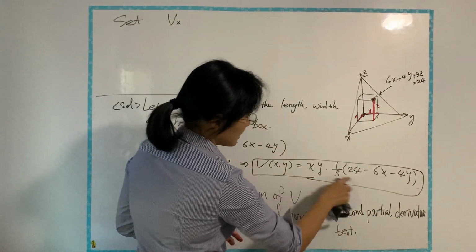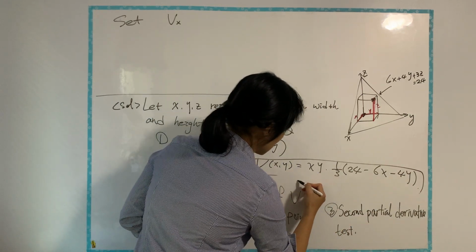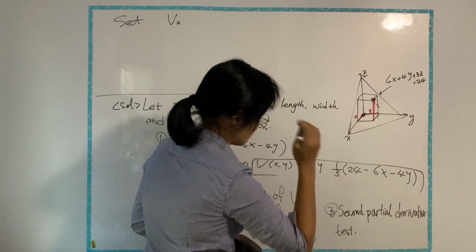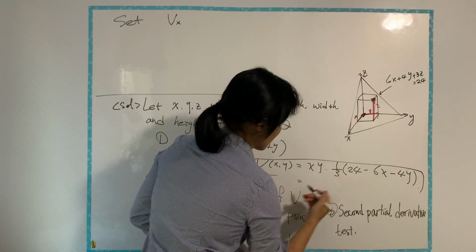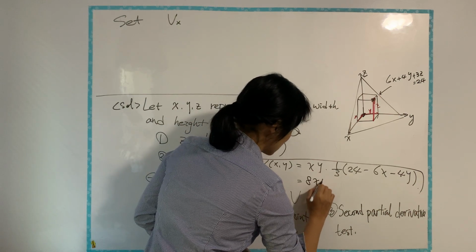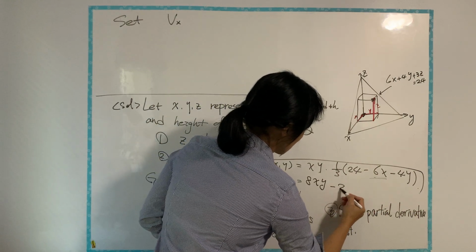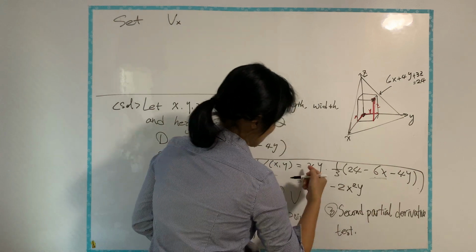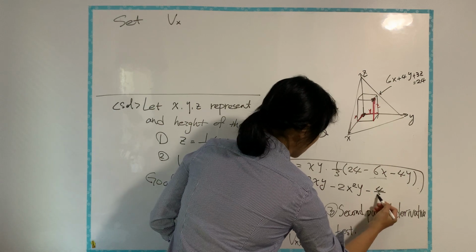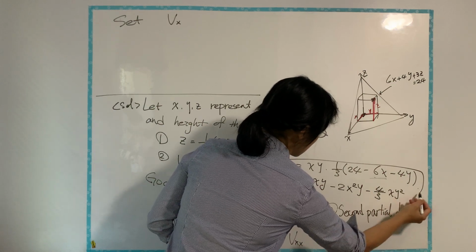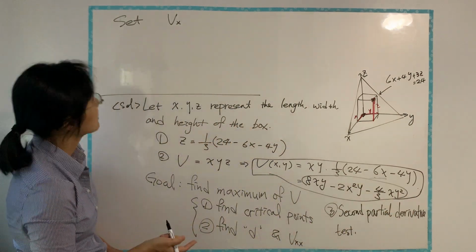Let me simplify this a little bit, because this looks a little ugly. So x times y times 1/3 times 24, that is 8xy. Then the next term is minus 2x squared y, and minus 4/3 xy squared. Okay, so this is my function V of x, y.